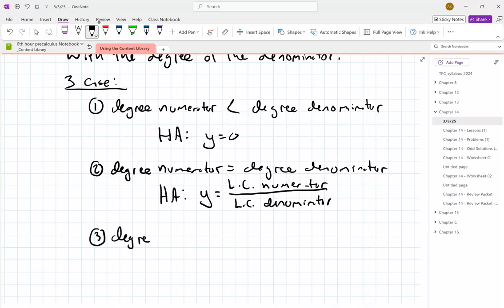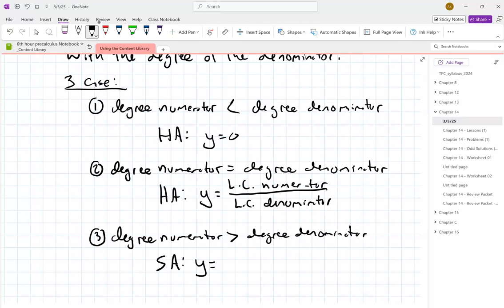And our last case is where the degree of the numerator is greater than the degree of the denominator. So that's going to have a slant asymptote.